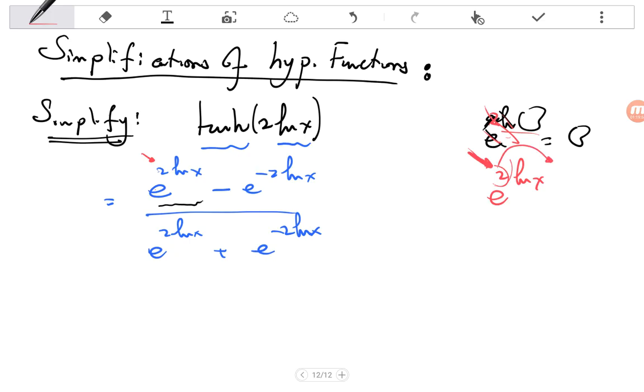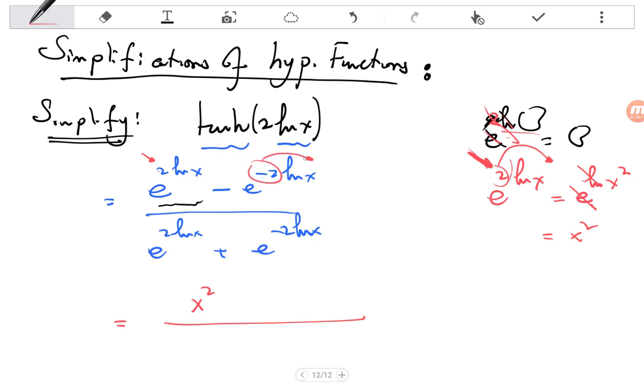Yes, I will take it as the exponent inside the ln. So that is just e power ln x squared. So in this case it will be x squared.